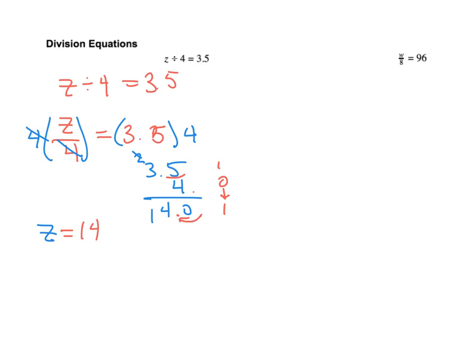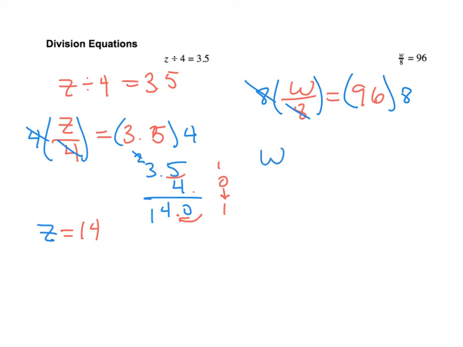And w divided by 8 being equal to 96 means w over 8 equals 96. Some number divided by 8 gives me 96. So now I can work through this problem by using the inverse operation of multiplication. w divided by 8 and then multiplied by 8 will give me just plain old w, and I need to do the same thing to the other side.